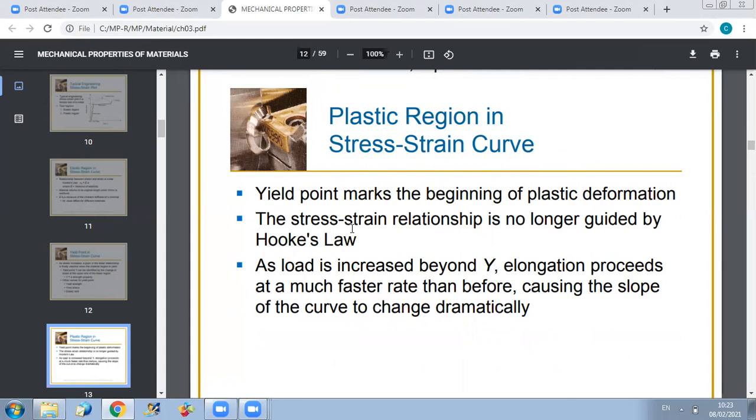As the load is increased beyond the yield stress, elongation proceeds at a much faster rate than before, because in the plastic region, it becomes easier to deform the material. This is why the slope of stress versus strain will decrease. So this will cause the slope of the curve to change dramatically, and it will decrease.